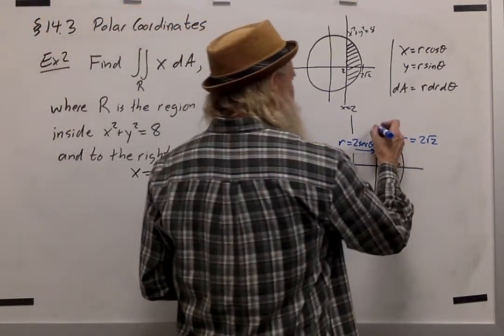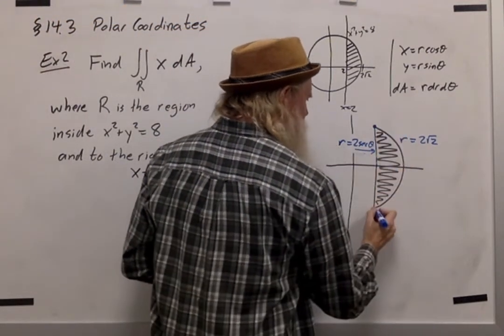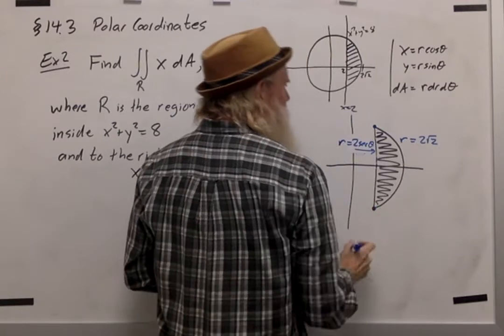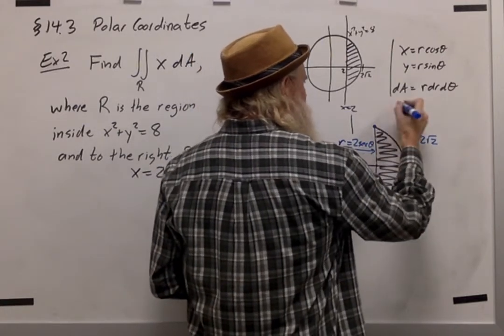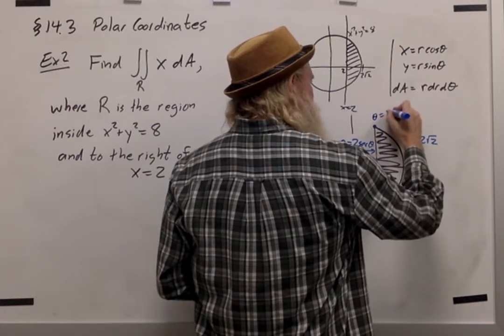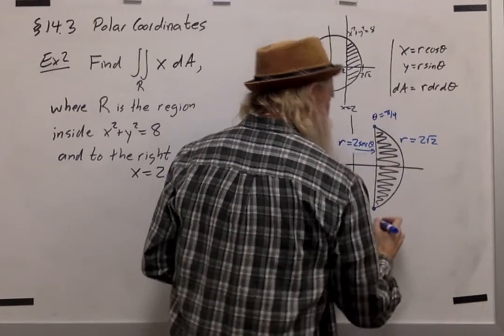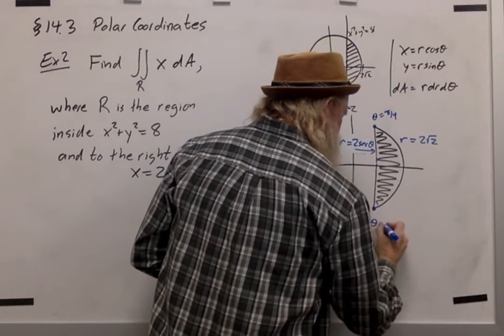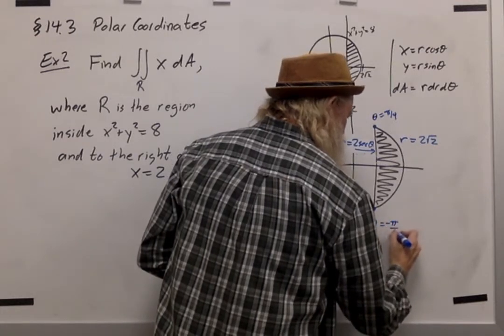The other thing we found were the polar coordinates of these two points. At the top point, theta was equal to pi over 4, and down here, theta was negative pi over 4.